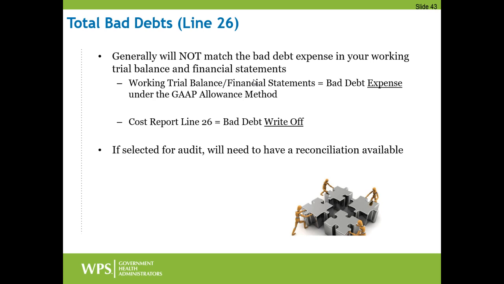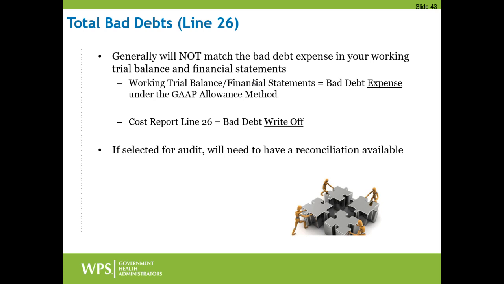Medicare essentially requires the direct write-off bad debt for the actual amount. GAAP requires an estimate of the uncollectible accounts. So they're two different mechanisms altogether, two different measurement techniques.